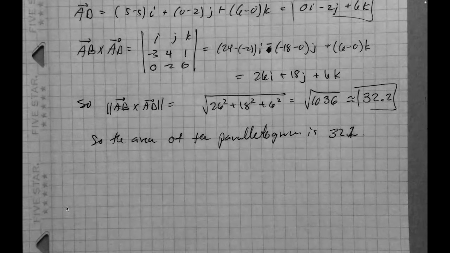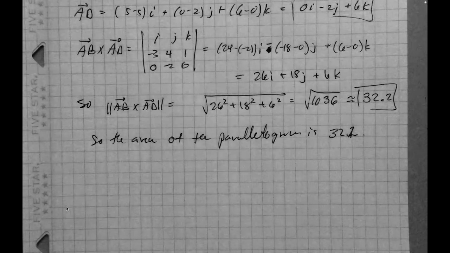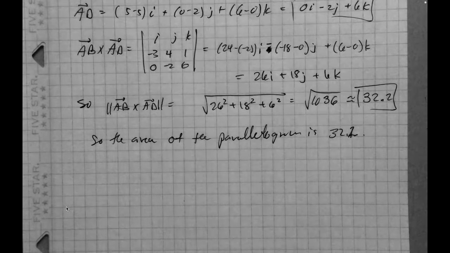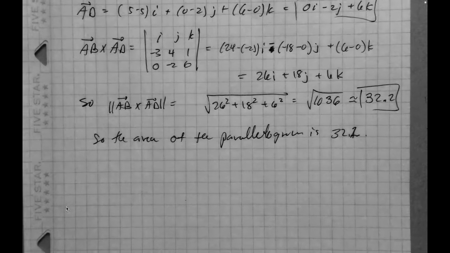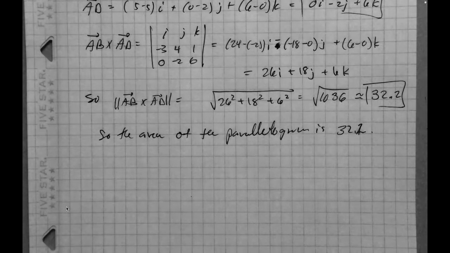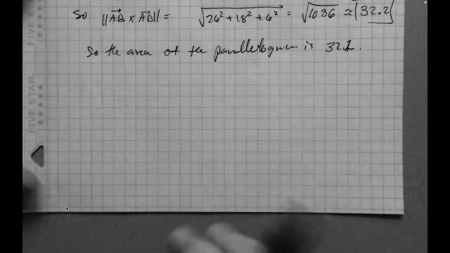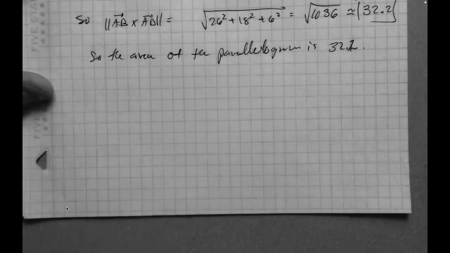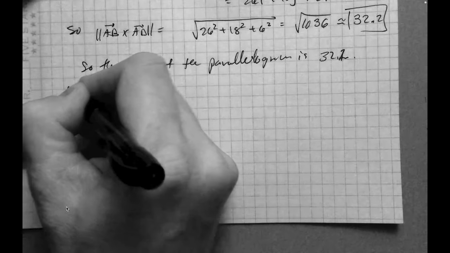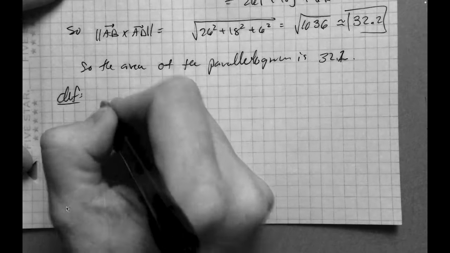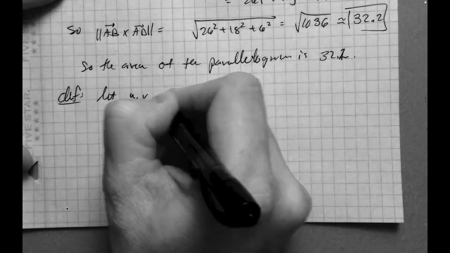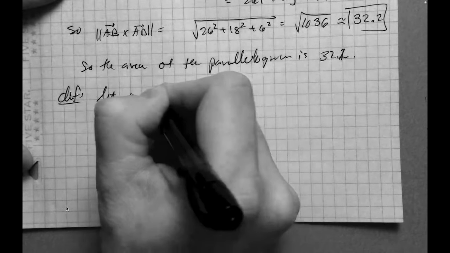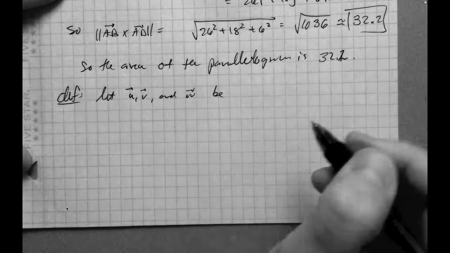So these are just some of the elementary properties of the cross product. And you will be using the cross product throughout Calc 3. We're just kind of winding up here. One more topic before we go, and that's something called the triple scalar product. Okay, so definition. Let u, v, and w be vectors in space.